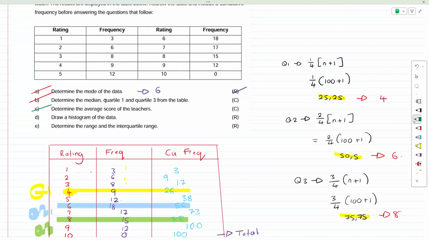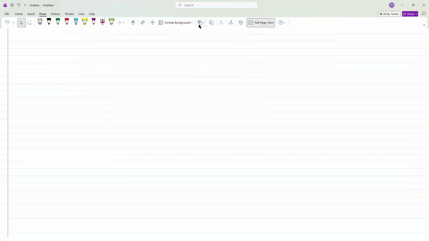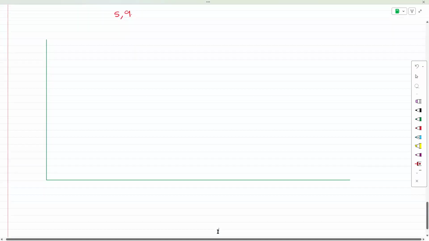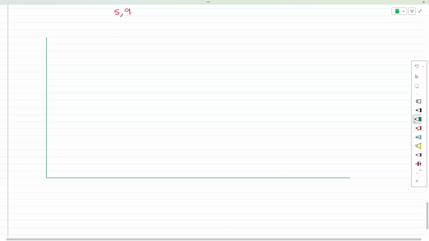Now draw a histogram for the data. Okay, so regarding this histogram, most likely it's going to be very difficult for me to draw on my graphic tablet, but we're going to try. I'm going to show you what needs to be done. We need to put our rating down, right?